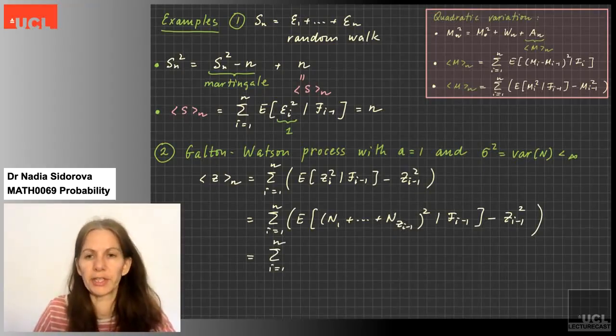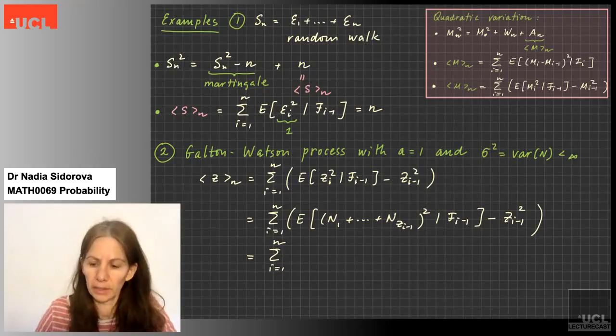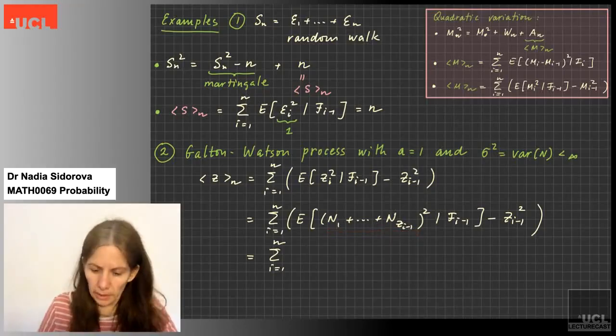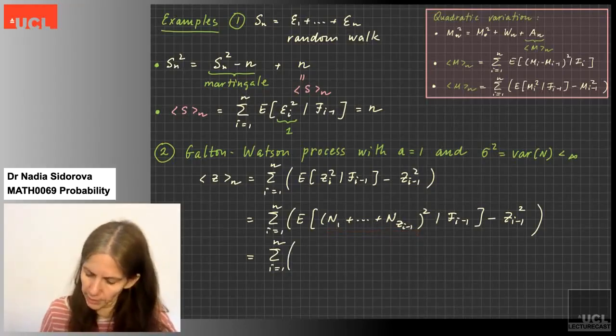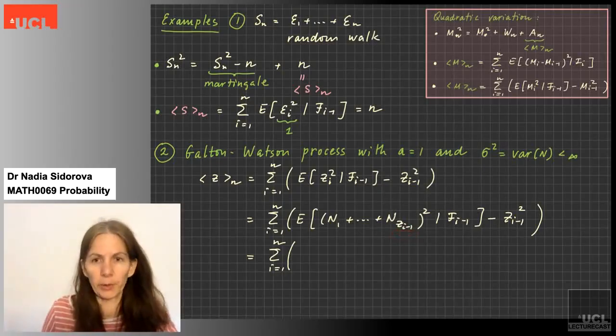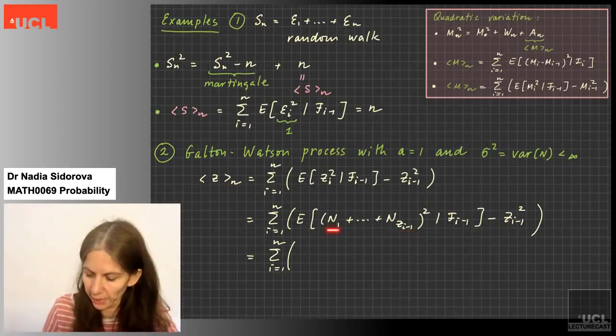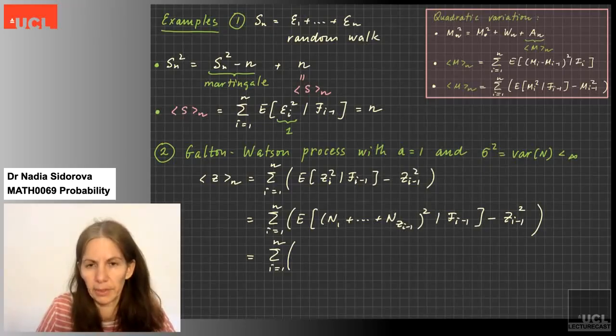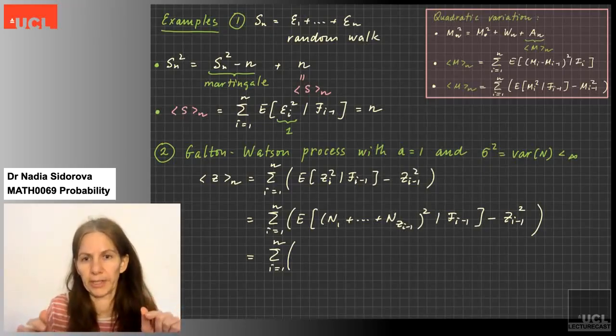Now, I repeat, we treat Z_{i-1} as a constant, and then here we are computing the second moment of this sum. What's the easiest way of doing it? Z_{i-1} goes as a constant through the conditional expectation, and otherwise these random variables are independent of F_{i-1}, so I'm taking just the second moment of them. So I am going to say that it is the variance of that sum plus the expectation of that sum squared.